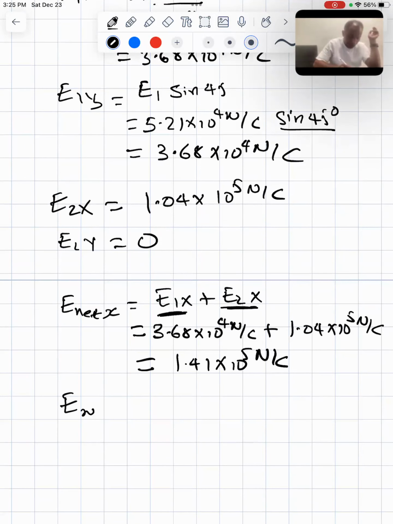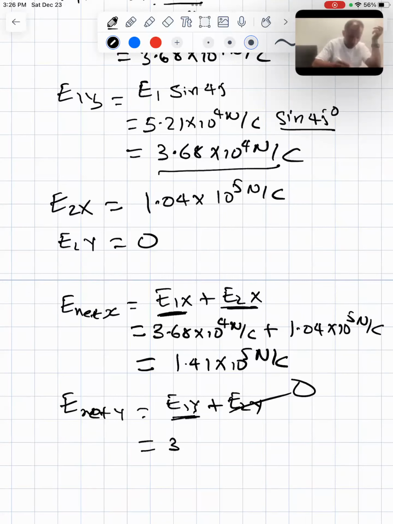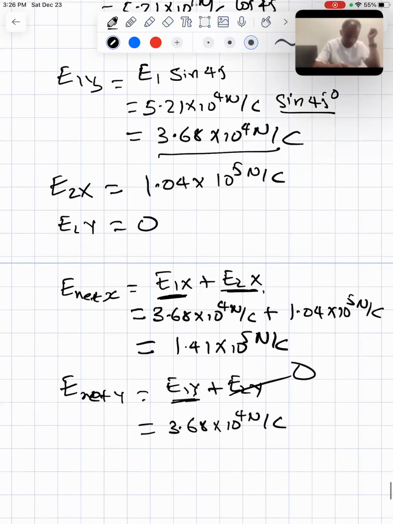Add the Y component of each vector, E1y plus E2y. But E2y is just 0, because it doesn't have any Y component. Only the Y component of E1 is there, 3.68 times 10 raised to 4 Newton per Coulomb. That's it. You add the X components and the Y components separately.